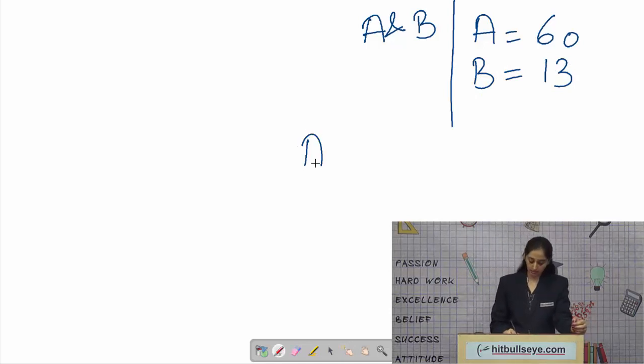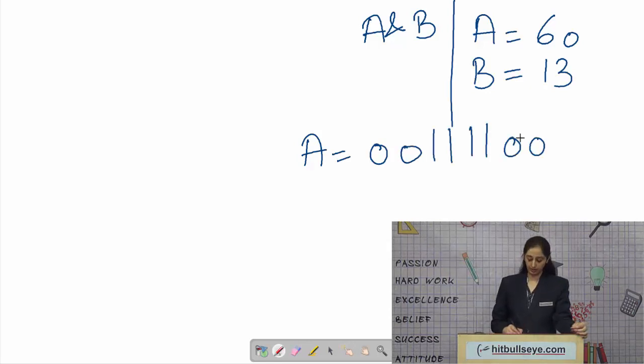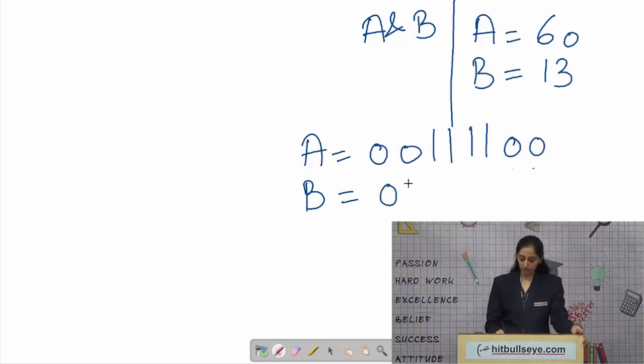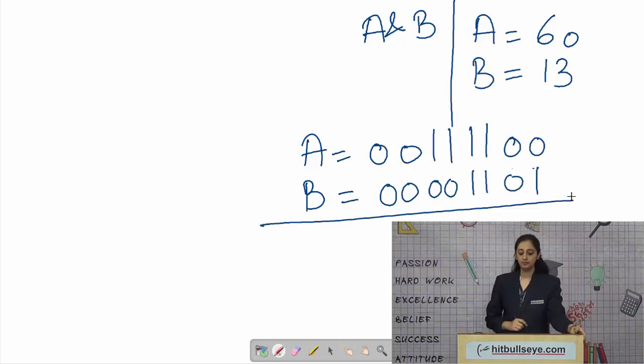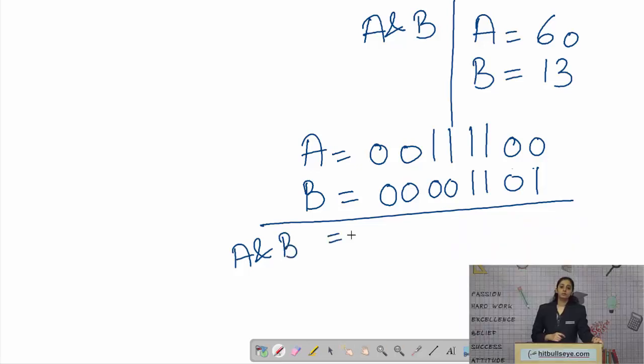So A, which is 60, will have this value in binary form and B will have this value, right? So we are using the AND operator. The condition says if both operands have a non-zero value, then it will return true. So here it will return 0, 0, true, false, false, false and false.